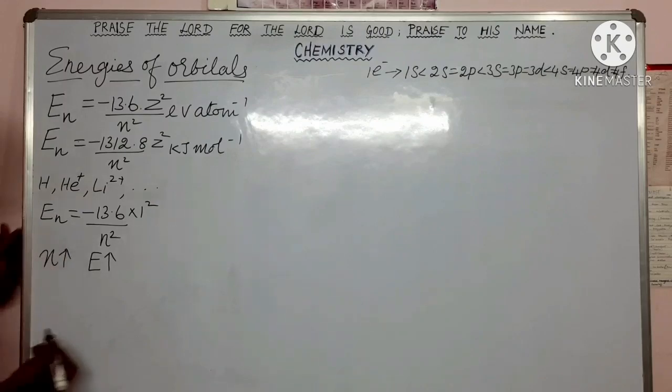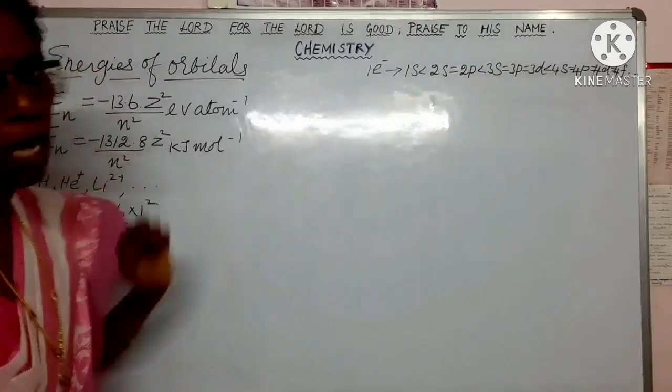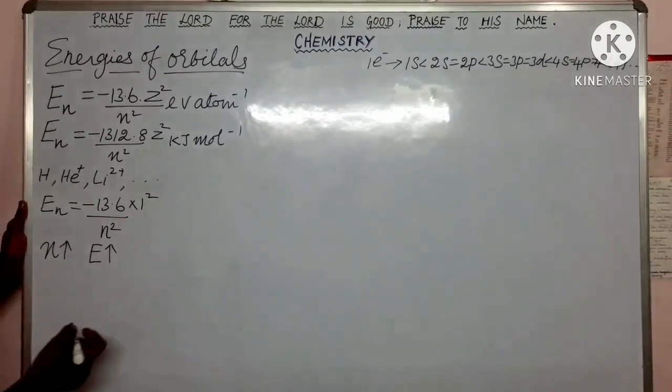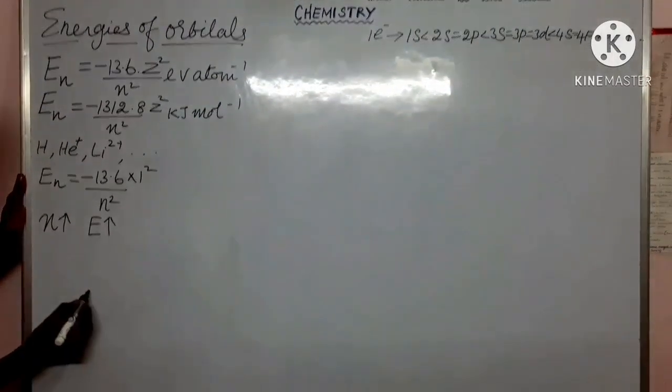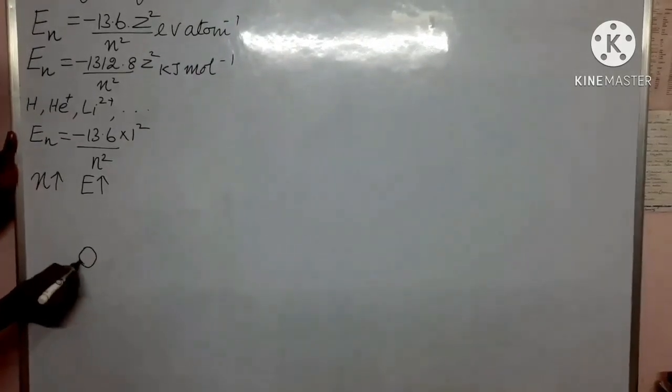Now I am going to take the same hydrogen atom. It has only one electron. That electron enters into the lowest energy level, the 1s orbital. So here I am going to draw the nucleus of a hydrogen atom.